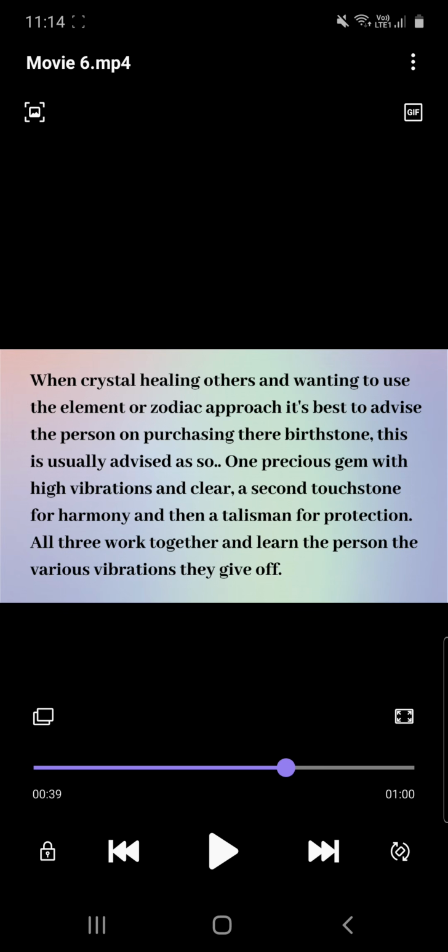This approach has been the best so far in my records, and a few other people that I know that crystal heal also in their records. Now bear in mind, it also teaches that person that each gem, crystal or stone has a different vibration, because as time goes on they'll start to feel the various vibrations from the crystals or the gems or the stones, so they'll be able to tell the difference.